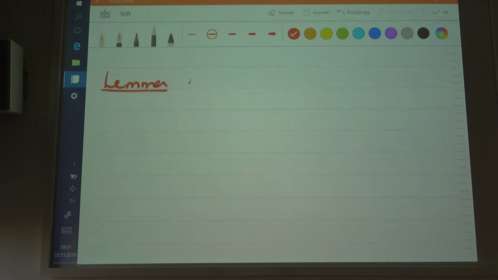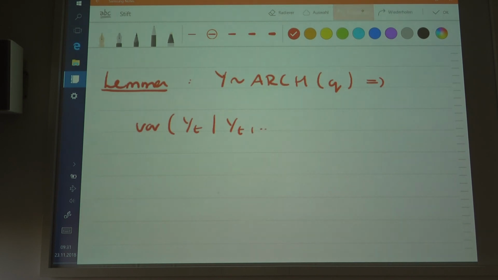If we have an autoregressive conditional heteroscedastic process, then the conditional variance of the process given y(t-1), y(t-2), and so forth is equal to sigma squared at point t.